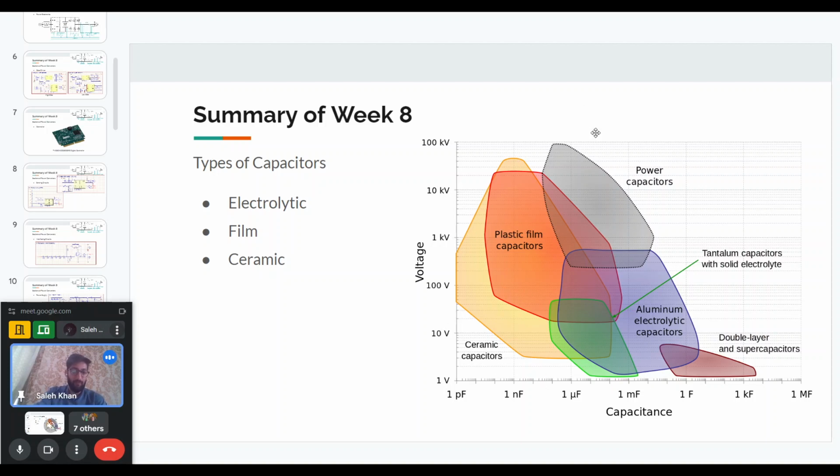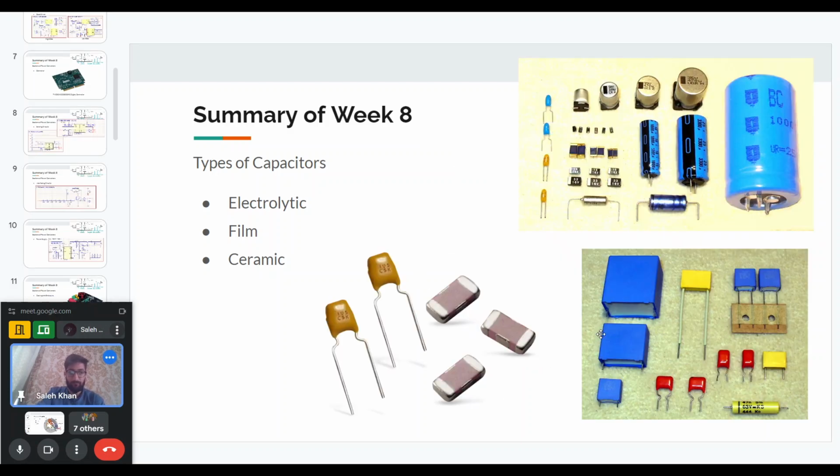And lastly, we have ceramic capacitors, and these can have very high voltage ratings, but the capacitance values are limited. Usually these ceramic capacitors have very low parasitic inductances, as well as a very small form factor, but again they are not available in very high capacitance values.